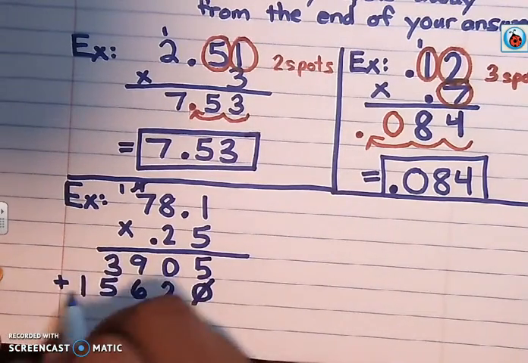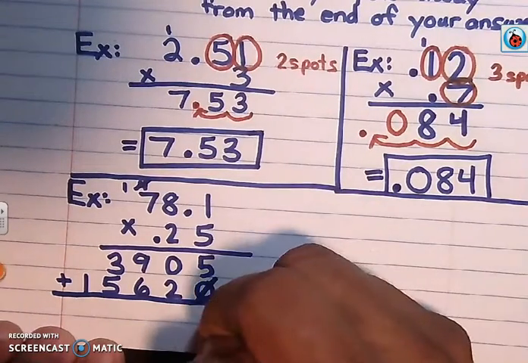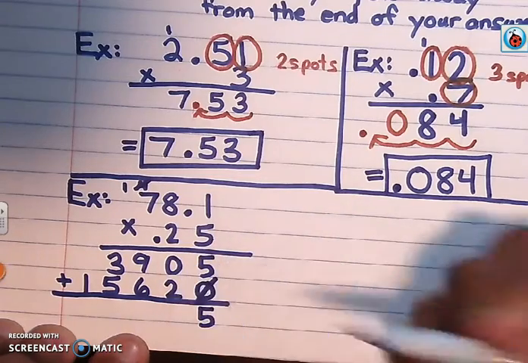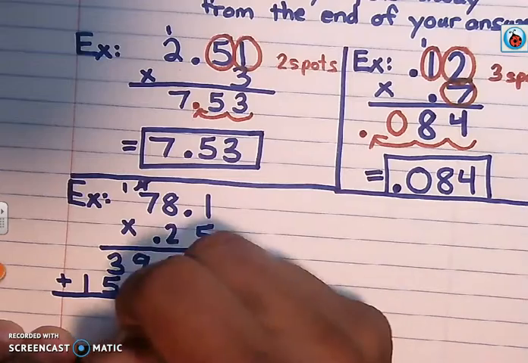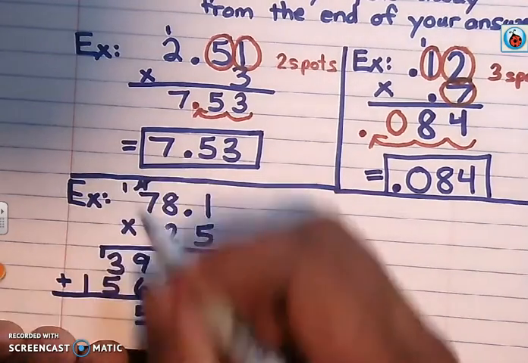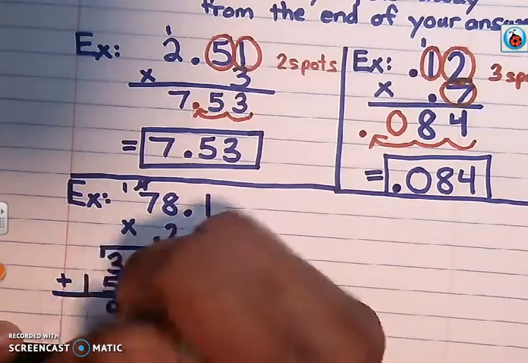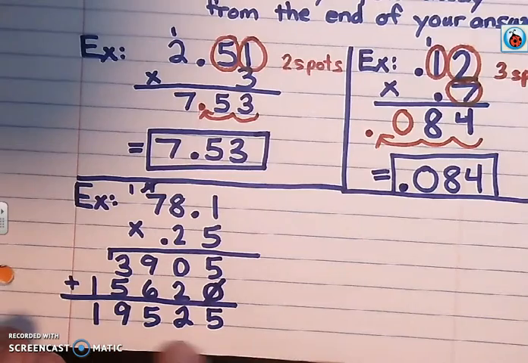And then I add them. Excellent. So we have 5, 0 and 2. 2, 9 and 6. 15, carry the 1. 5 and 3. 8 plus the 1, 9. So we get an answer of 19525.